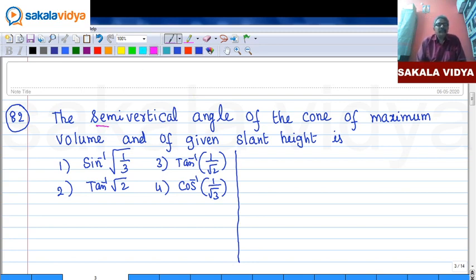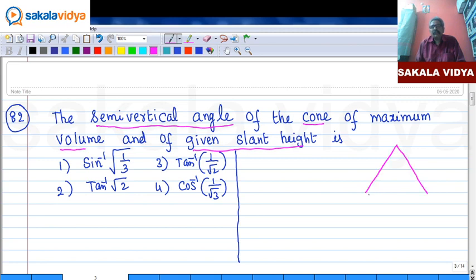The semi-vertical angle of the cone of maximum volume given slant height. Here slant height is constant, fixed. So let us consider a cone. This is a regular cone, but I am not able to draw it perfectly, don't worry.